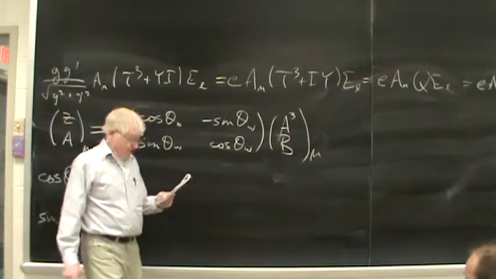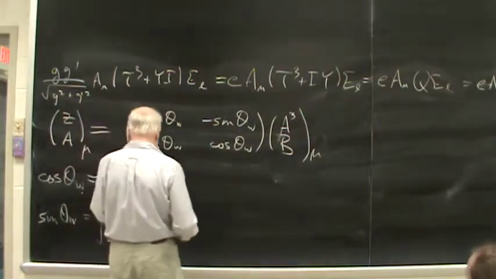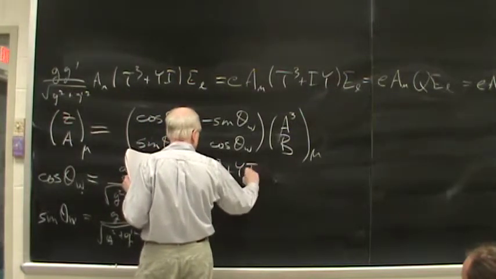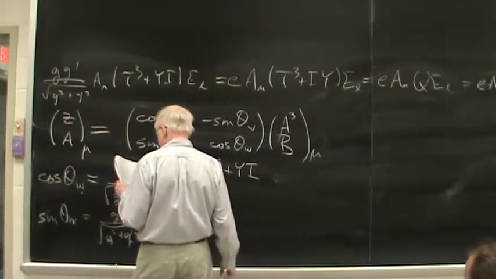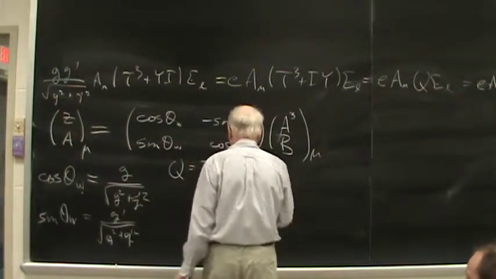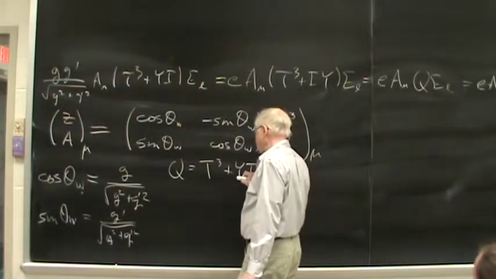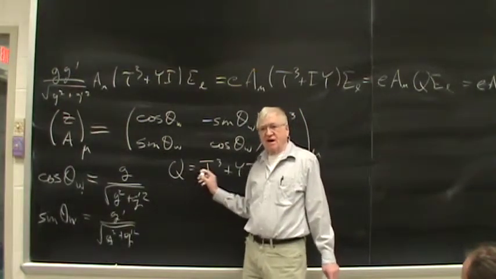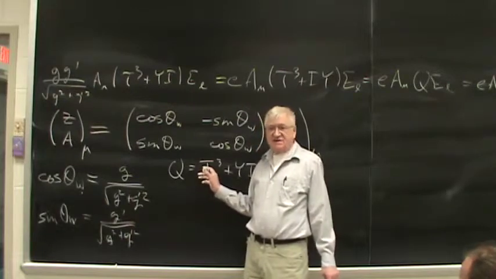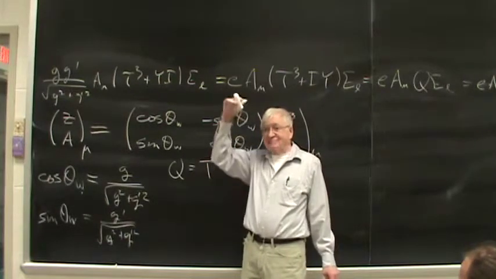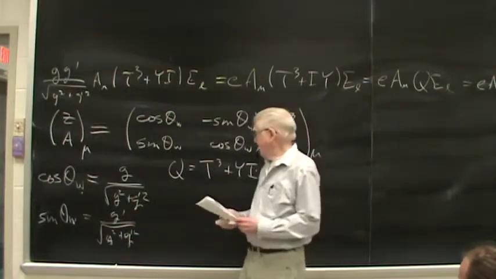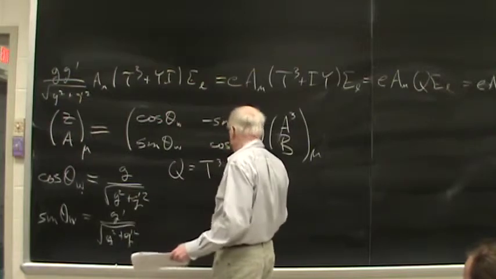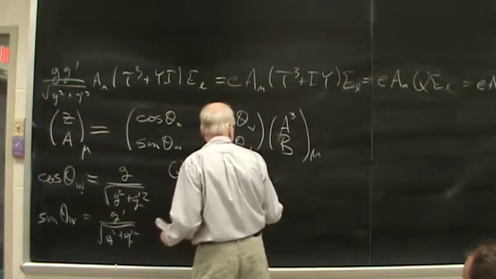All right, so let's see, we have a little time left, so I should go on. Remember, Q is T3 plus Y_i, and of course, it's hard to remember what Y and I are. It's easy to remember what the charge of the particle is and what the T3 quantum number is, because it's obviously plus a half or minus a half. And so what we do is we swap Y_i for Q minus T3.